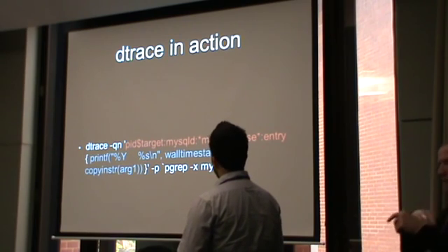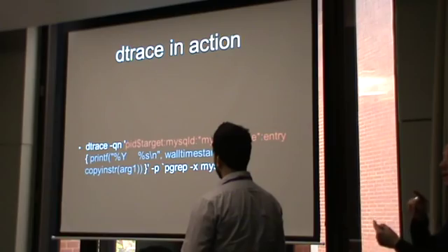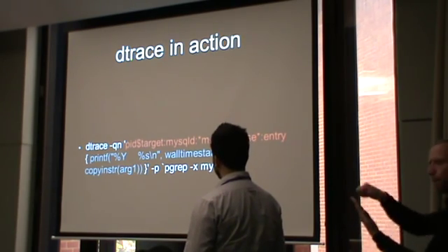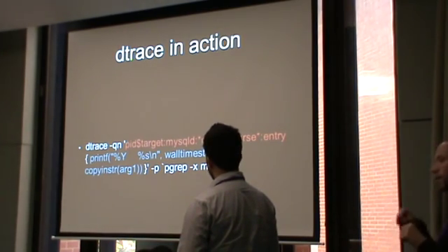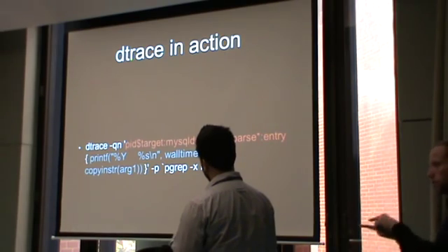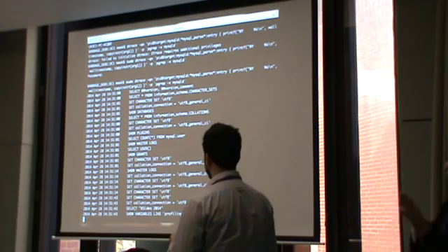Bits in blue are what we do once we have triggered this condition. We print out a timestamp and the first argument to the function, to mysql_parse. And then we're just grepping and piping back the PID for the MySQL daemon.